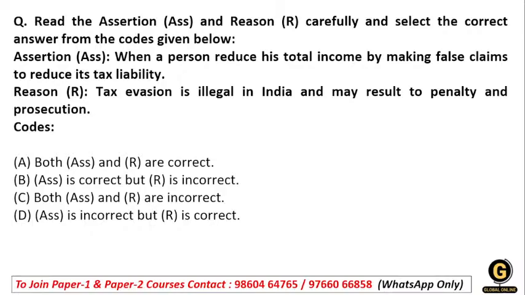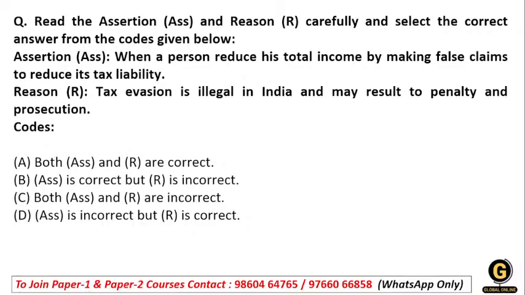Next question, an assertion and reason is given to you. In the assertion, a person reduces his total income by making a false claim to reduce his tax liability. The reason given is that tax evasion is illegal in India and may result in penalty and prosecution.